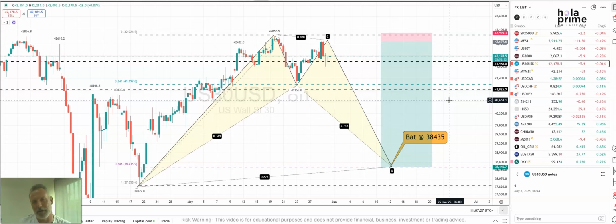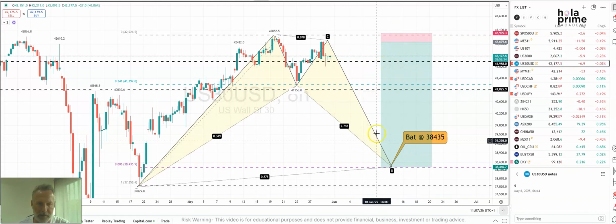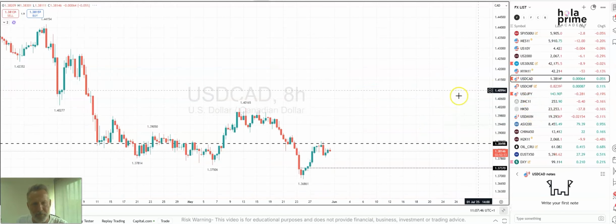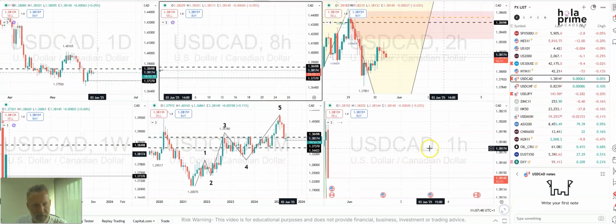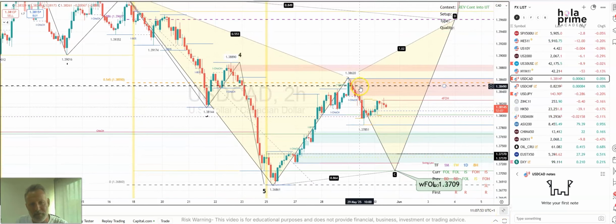What do I not like about it? Why am I not short of the Dow Jones? Because these dashed black lines are my bespoke support and resistance levels, as I mentioned earlier with regards to DXY. So what I prefer, flicking back to CAD here, is selling these levels or buying these levels.